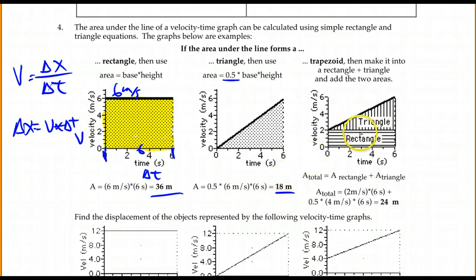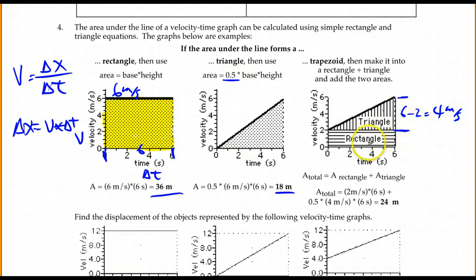Now another common possibility is we're already in motion, and then we increase our speed as we move. In that case, we get multiple different shapes. No problem, we just have two different shapes here, a triangle and a rectangle. The key is this distance right here: 6 minus 2 equals 4 meters per second.